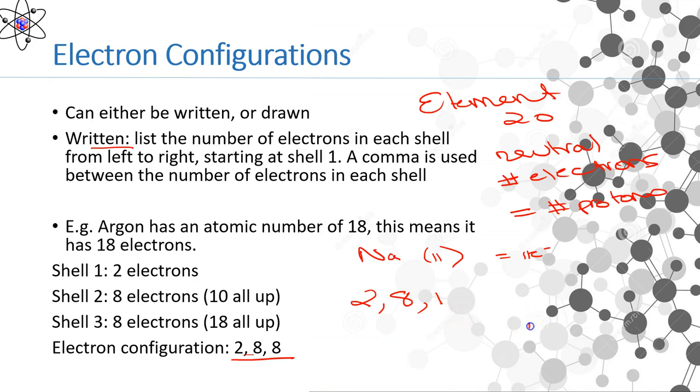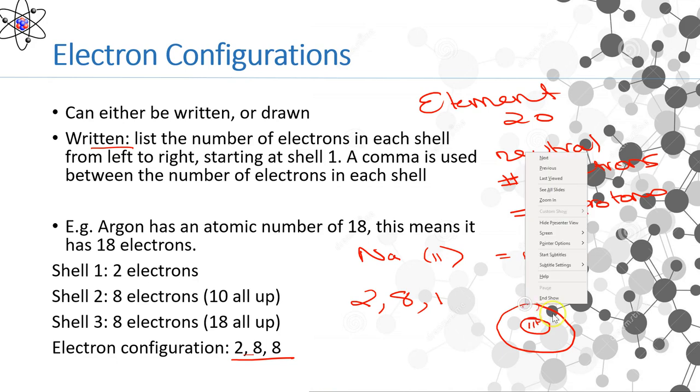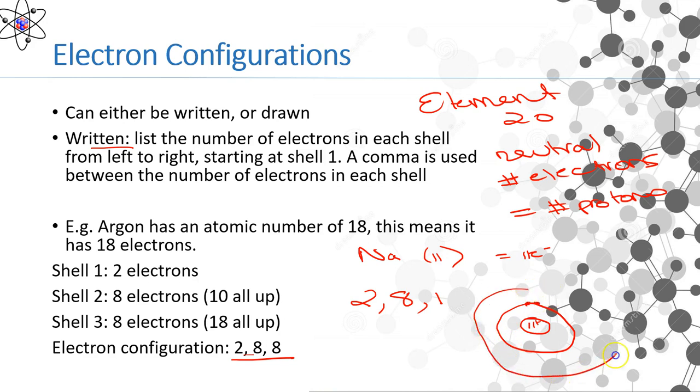If I was to draw this out, I would put my 11 protons in the middle, showing my nucleus. Then in my first shell, I can have 2 electrons. Okay, and then in the second shell, I can have 1, 2, 3, 4.